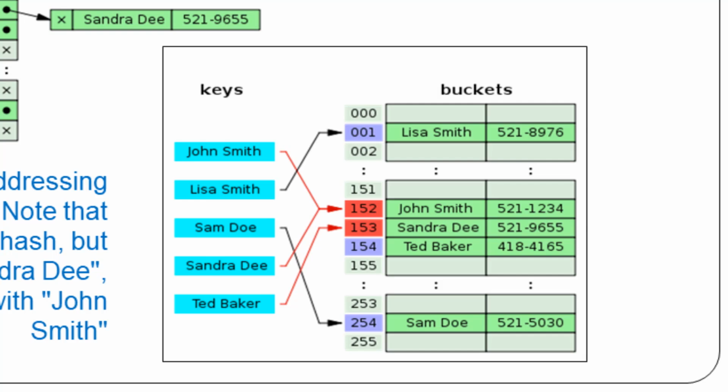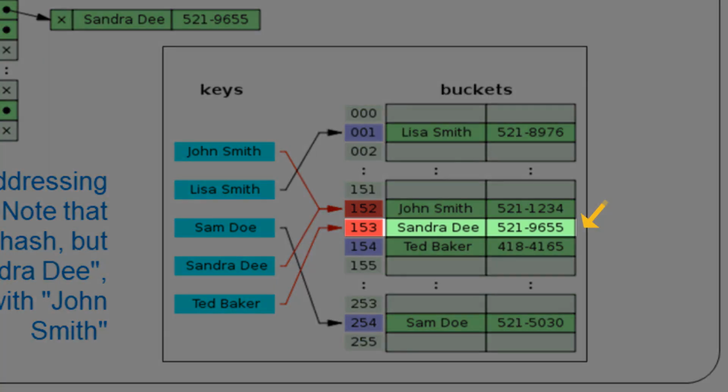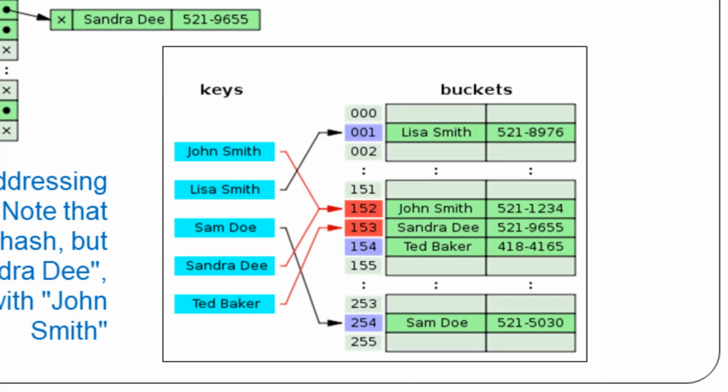So understanding what the collision resolution technique in place was, when I find something that isn't quite right, I know how to resolve the issue. In this case, I know how to find Sandra D. I linear probe. Sandra D was placed just one position below 152, the original location for Sandra D, and I can successfully find Sandra D.